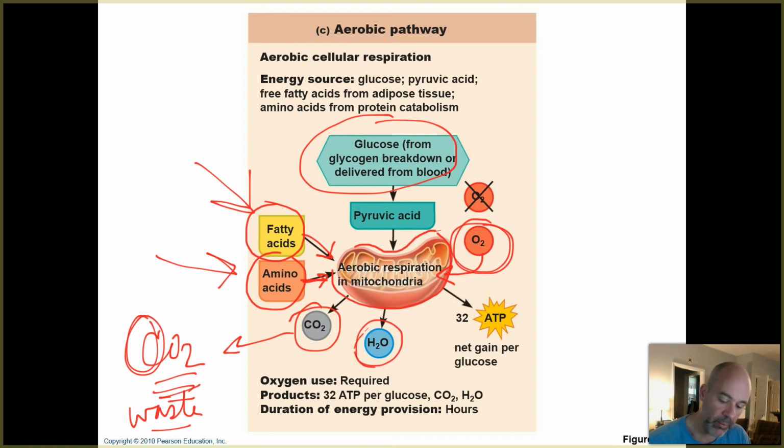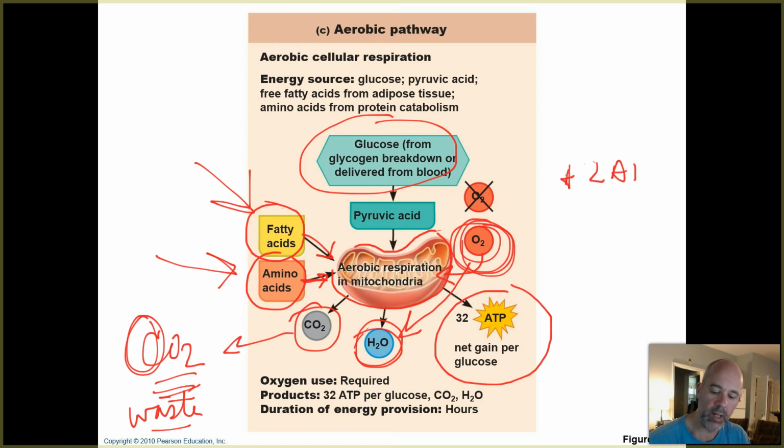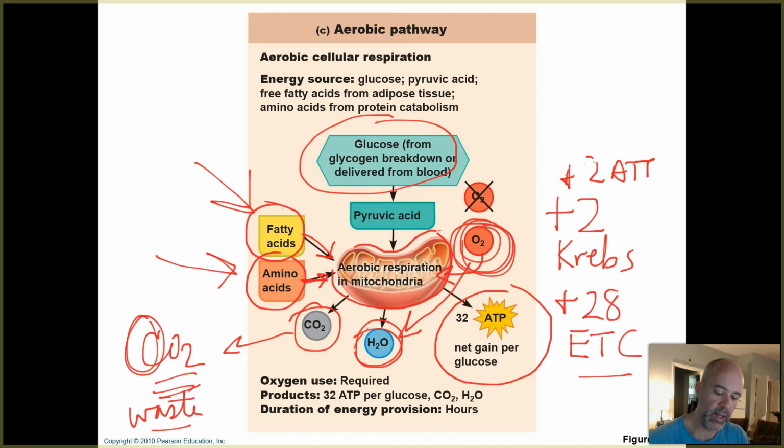Water is actually an output. The O2s in the mitochondria get converted to water molecules at the end of cellular respiration. And then if you do this for every glucose, you get 2 new ATPs during glycolysis, 2 more during the Krebs cycle, and then you can get 28 by running the electron transport chain if everything runs optimally.